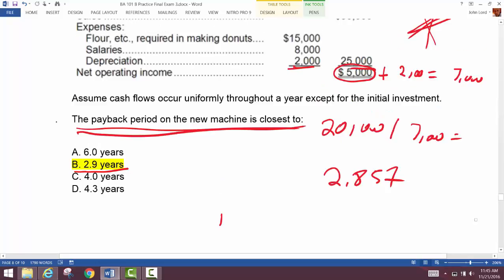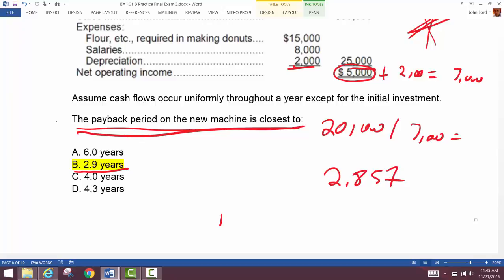If the question gives you the cash flows and the depreciation, then you would have to know to ignore the depreciation number, right? But if I give you operating income, then you're going to have to add back depreciation to get to the cash, right? Question?